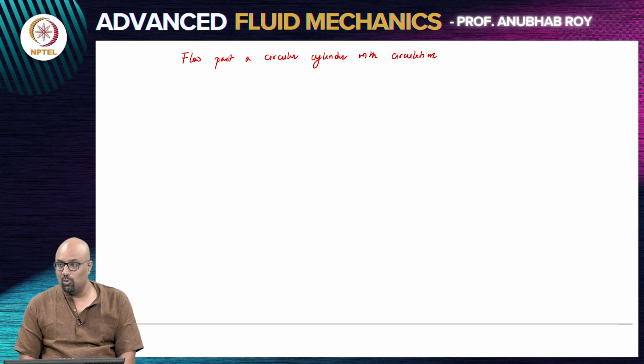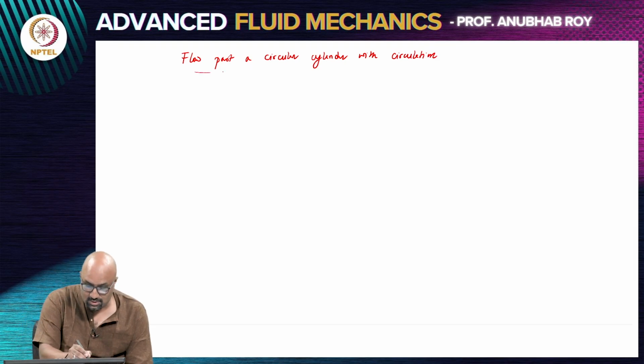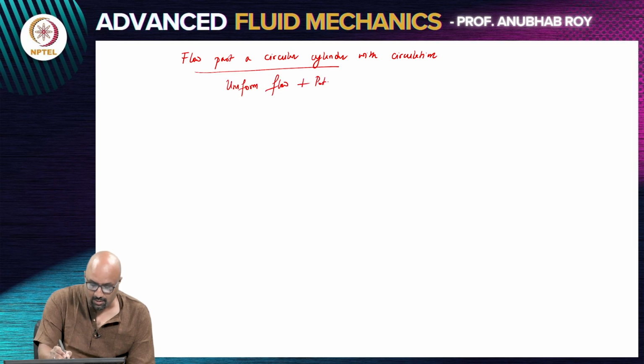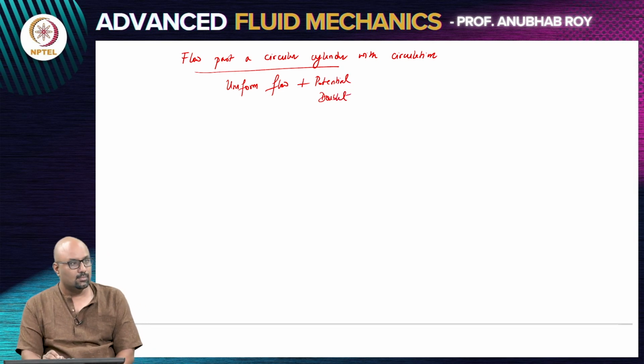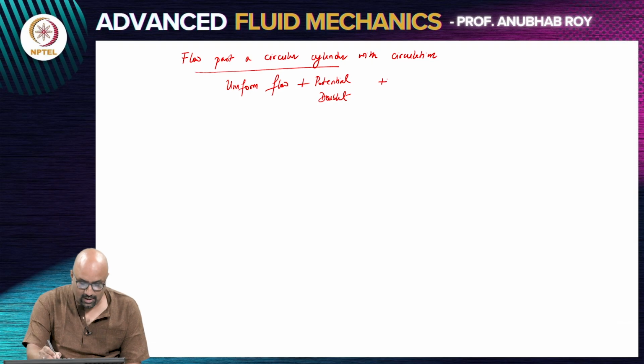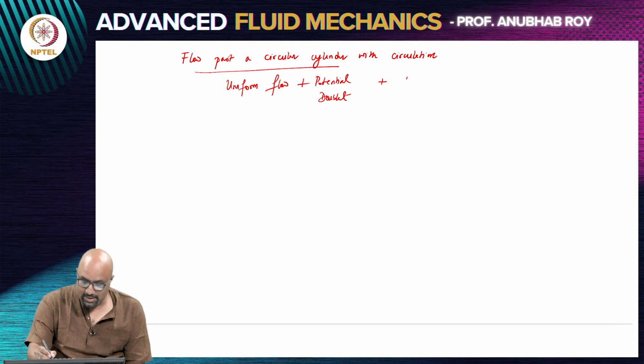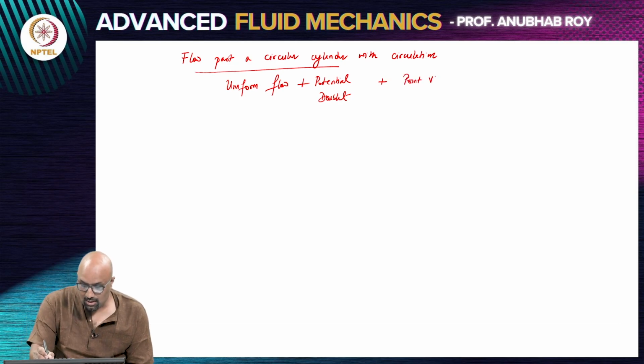We have done flow past a circular cylinder, which was done using a uniform flow plus a potential doublet. Now, we are basically going to add circulation. So, circulation which we are thinking of here in potential flow is basically a point vortex.